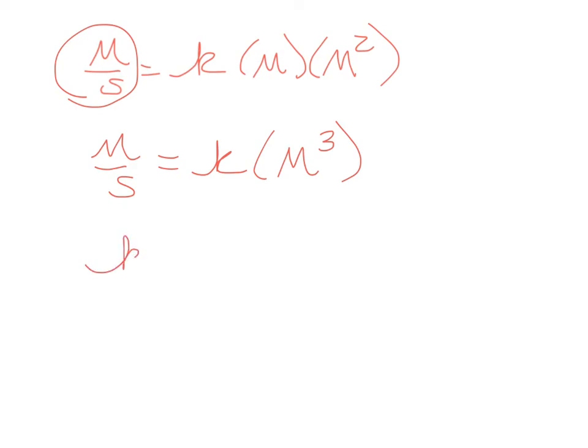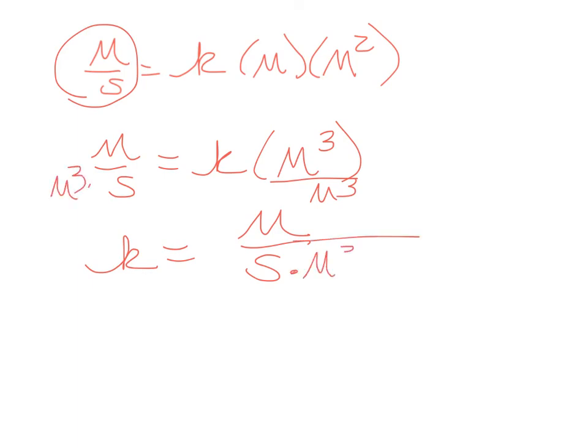And so K, the rate constant, equals molarity per second, and now you have to divide both sides by M cubed. Okay, so now you need to simplify. So the units for K in this case are 1 over seconds times molarity squared.